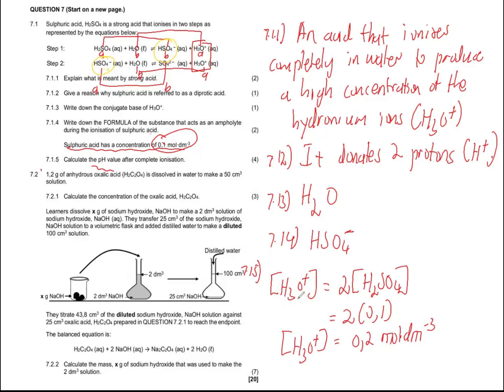So always note this. It's very important to note that with a diprotic acid, the concentration of the hydronium ions produced is always twice the concentration of that diprotic acid. So now to calculate the pH, remember the formula?